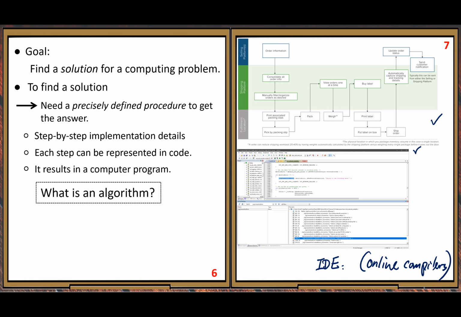Now, summary: what is an algorithm? Here we use the implementation point of view to look at the algorithm. A sequence of instructions. We need to generate a sequence of instructions to cover all the details of an algorithm. Each instruction should be unambiguous, clear.